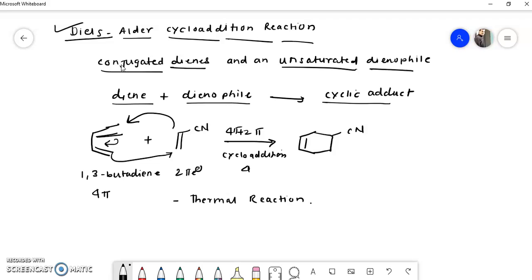It is called 4 pi plus 2 pi cycloaddition because the diene component has 2 double bonds, that means 4 pi electrons, and the dienophile component has one double bond, that means 2 pi electrons. The reaction is carried out in the presence of heat, that's why we call it a thermal reaction.